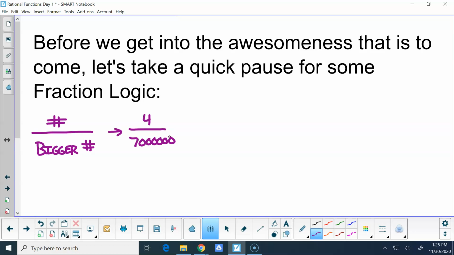What's happening with that number? It's getting smaller and smaller. Will it ever become negative? No, so it'll always stay positive. So what's the barrier between positive numbers, as we get smaller and smaller, and negative numbers? 0. Yep, exactly. So this is going to become a really small number the bigger that denominator gets.